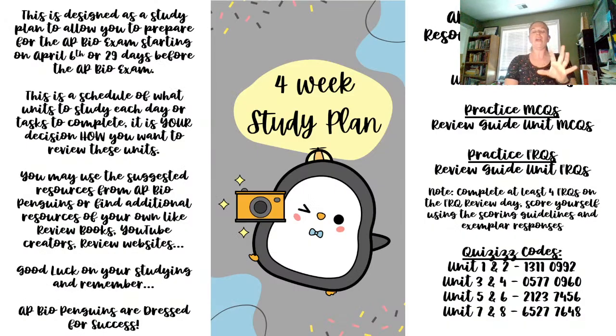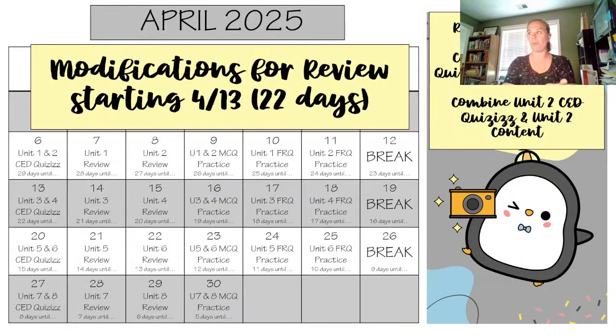As of tomorrow, it will be 3 weeks until the AP exam. Yes, 3 weeks. So we are past the 4-week plan, but I do have a way that we can modify it. If you were to start reviewing today, that gives us 22 days for the exam. So you could use the 4-week calendar, but you're going to have to shift the days slightly. All these breaks will go away.